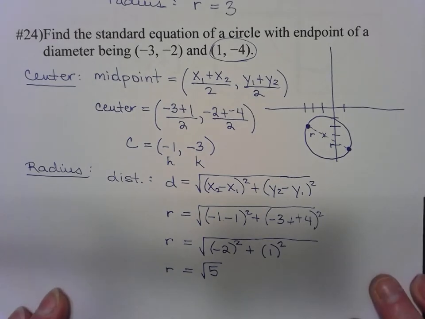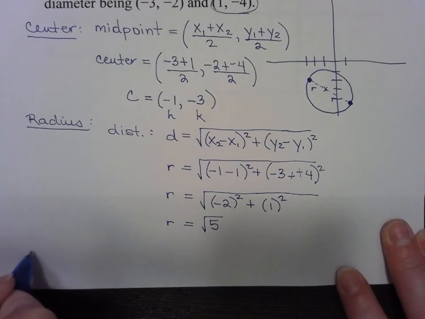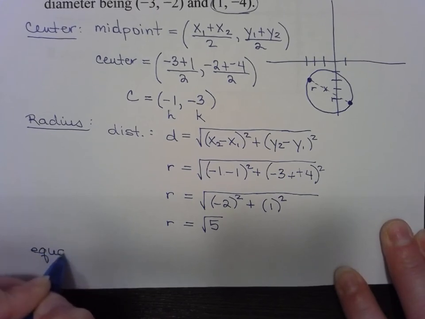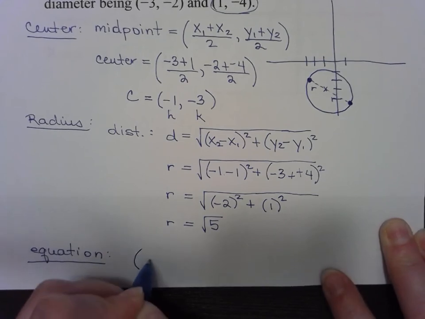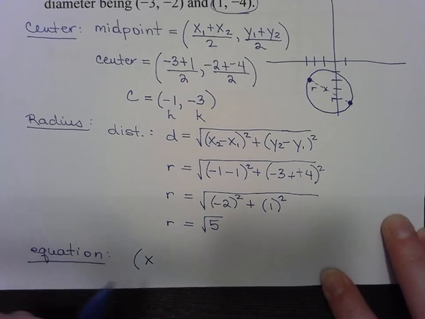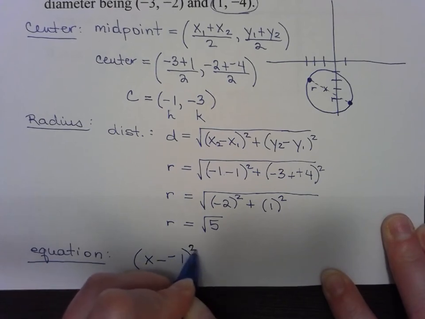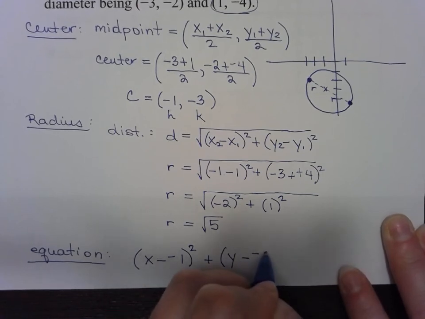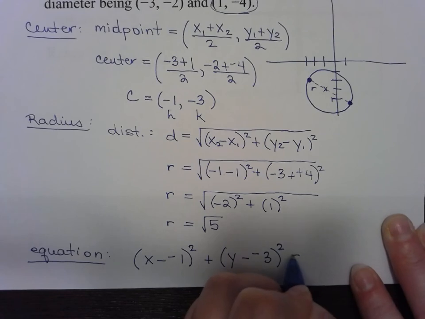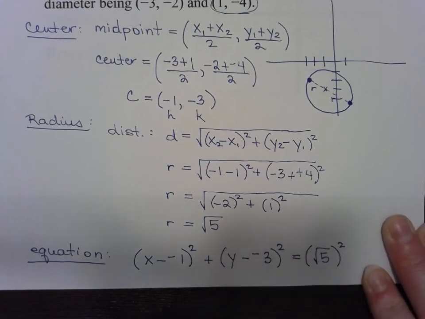Okay, now we would like to put this into that standard form. So we'll say the equation of our circle will have x minus h, so x minus -1 squared plus y minus -3 squared is equal to the square root of 5 squared.